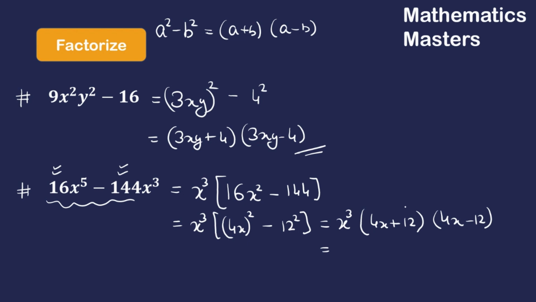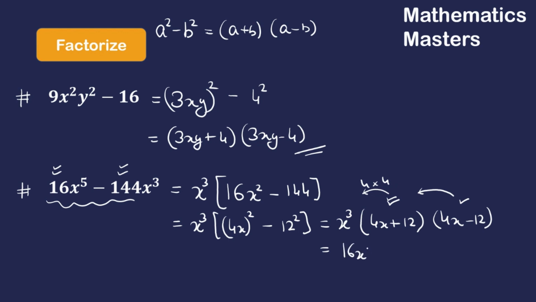So why not, let's correct our mistake from here only. We can take common 4 from here as well as 4 from here. So taking the common 4 from the first expression, I will get 4 from here as well as 4 from here in the multiplication. So that means 4 times 4 I will get, which is equal to 16.